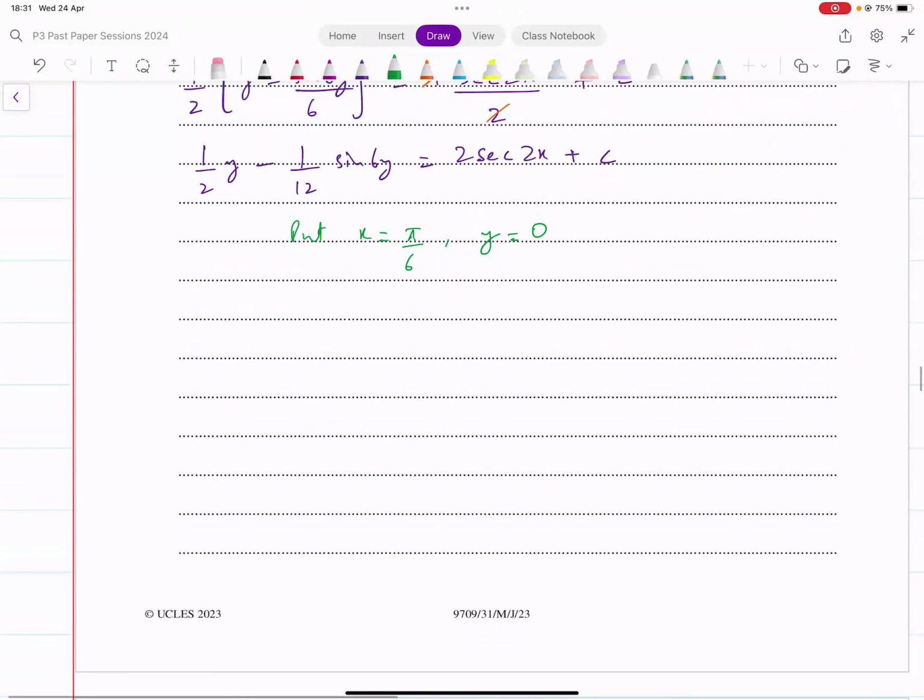So 1 over 2 into y, which is 0, minus 1 over 12 into sine of 6y, that's sine of 0, equals 2 secant of 2 times pi over 6, plus c.